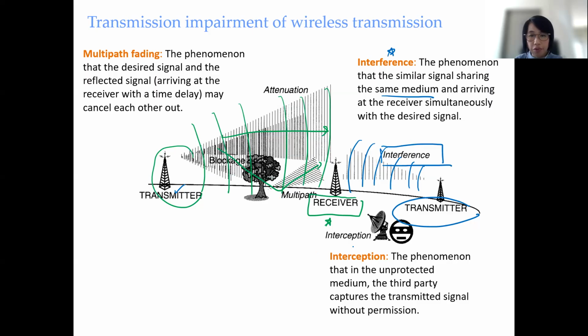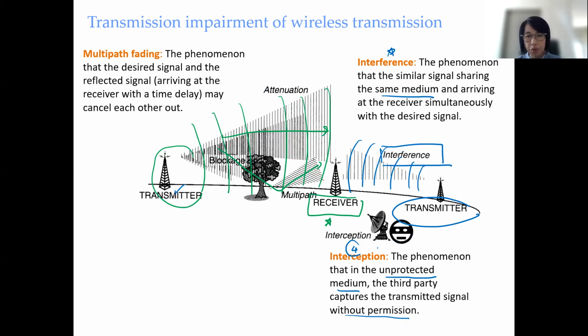And the fourth one is interception. Okay, interception is the phenomenon that in an unprotected medium, like the air, without encryption of your signal, a third party can capture the transmitted signal without permission.